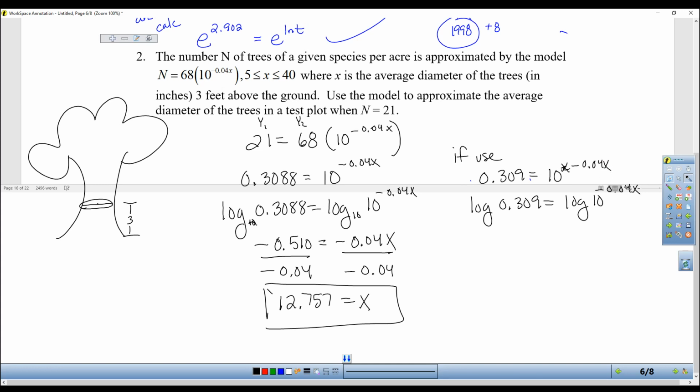Then log of 0.309 would be negative 0.510 divided by 0.04 would give me 12.751. And you might be thinking, that really wasn't that different.